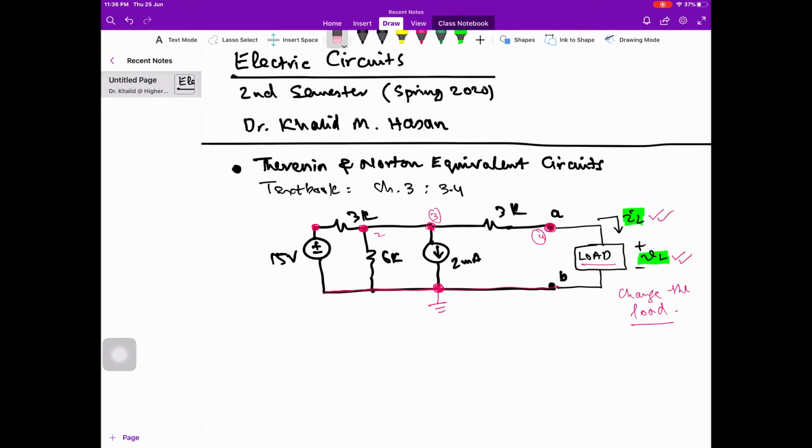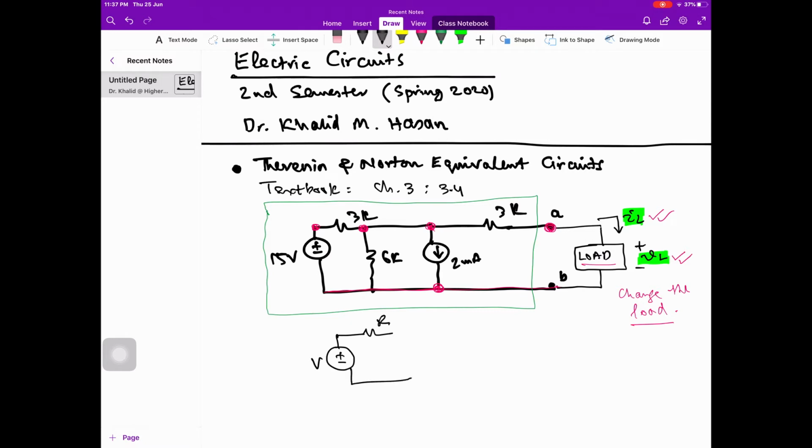So instead of doing this, if we can find the equivalent of this whole circuit in the green box, and represent it with only two elements, voltage and resistance, with A and B, and on this side we have the load, say for a simple case a resistor only, then it will be very easy for us to find load voltage and load current, even if there is any change in the load resistance.